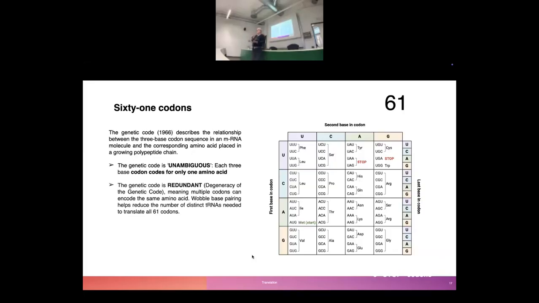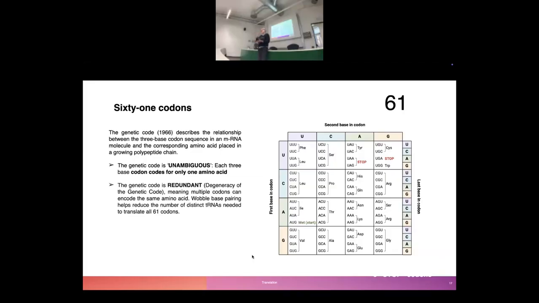Because of the fact that it is unambiguous, that means that by knowing the nucleotide sequence, you can unambiguously tell what is the amino acid sequence. Because to one codon, the correspondence is only with one amino acid. It doesn't work the other way around.